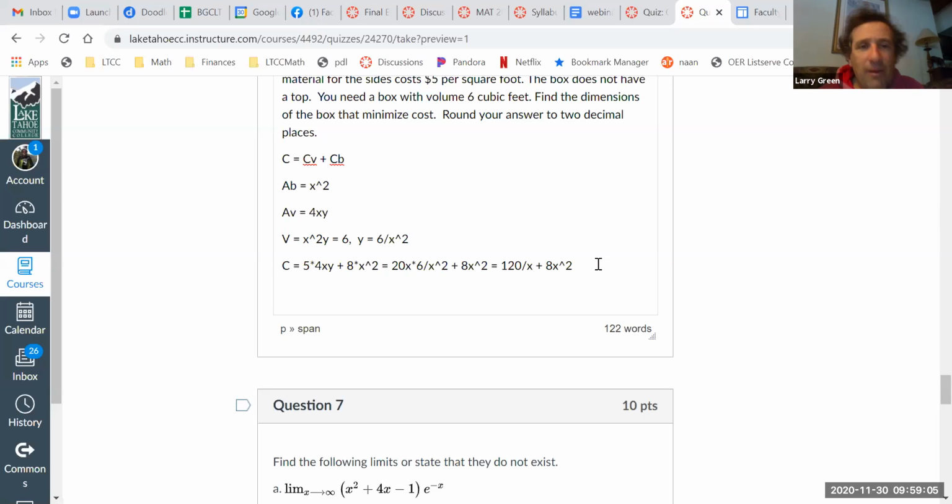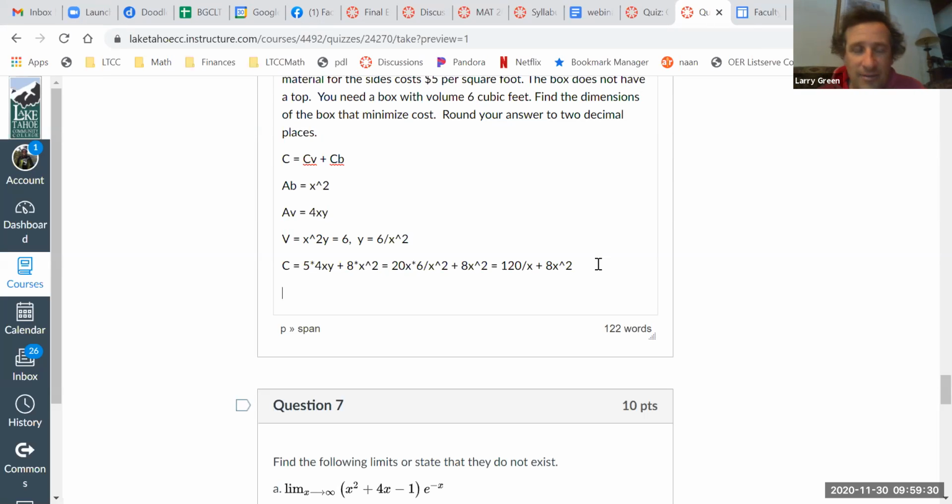Okay, if I want to minimize cost, what do I do? I don't set cost equal to 0. It'd be nice if I didn't have to pay anything, but that's not going to work. Yeah, differentiate and set it equal to 0.